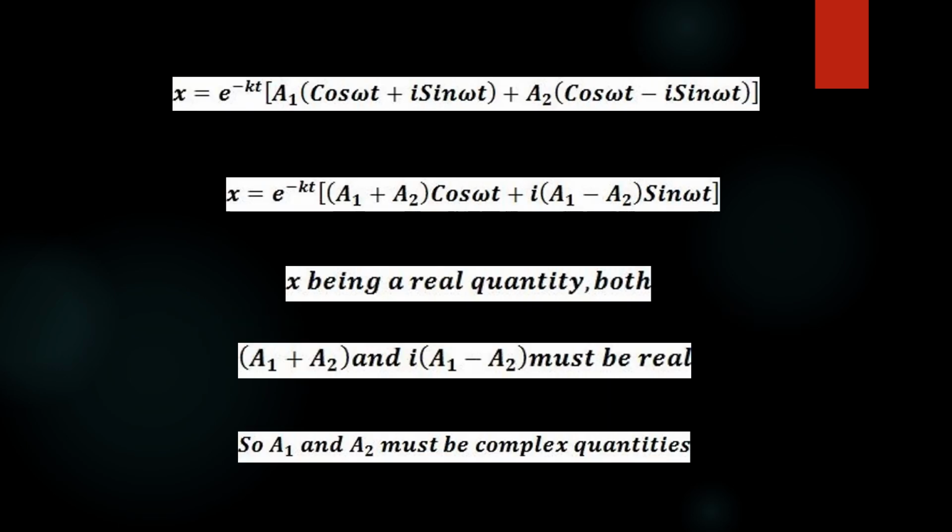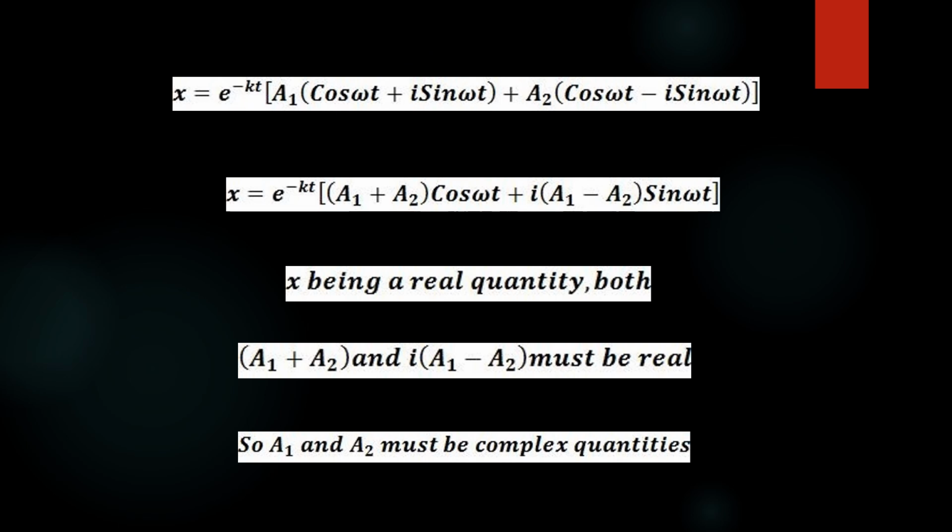Then we expanded e raised to i omega t as cos omega t plus i sin omega t, and e raised to minus i omega t as cos omega t minus i sin omega t. Then we took cos omega t as a common factor, and here i sin omega t as the common factor.